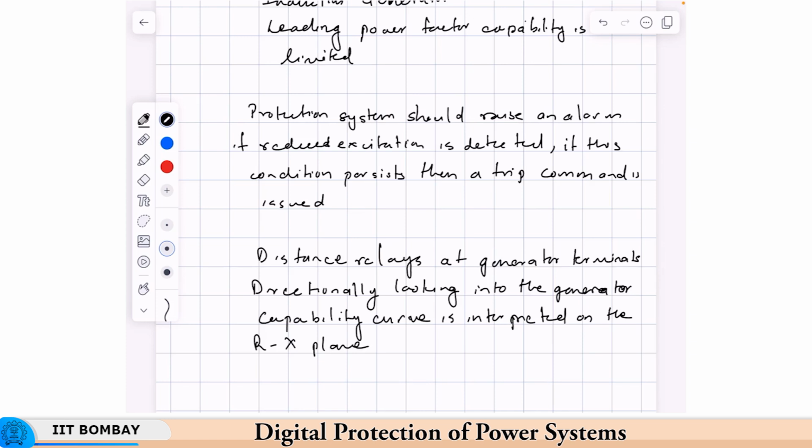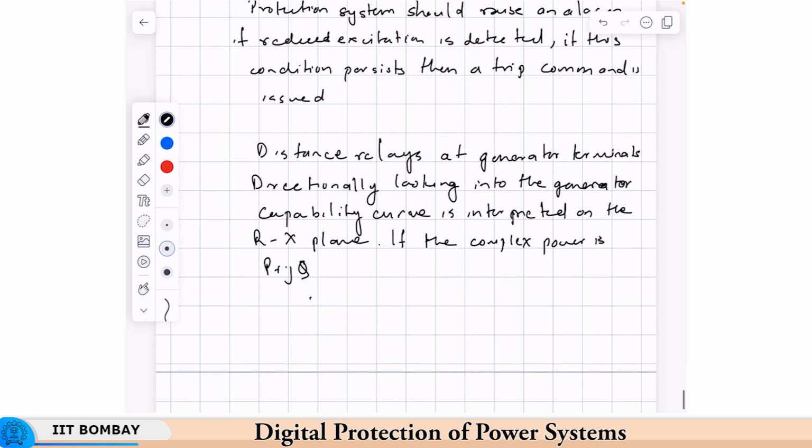If the complex power is P plus jQ, then the apparent impedance Z is, we saw this when we looked at load encroachment with distance relays, a similar kind of derivation.